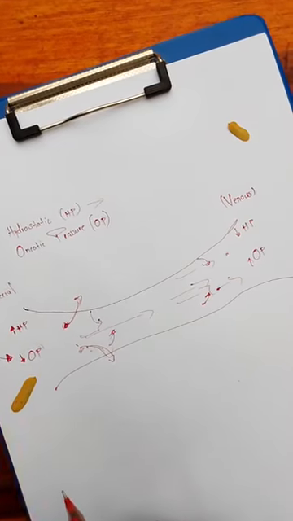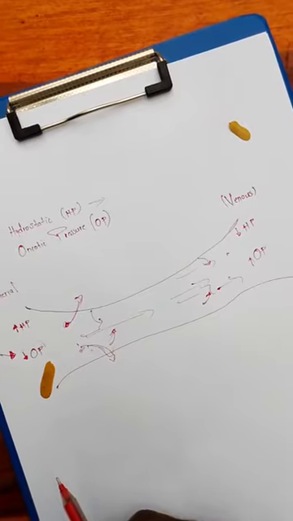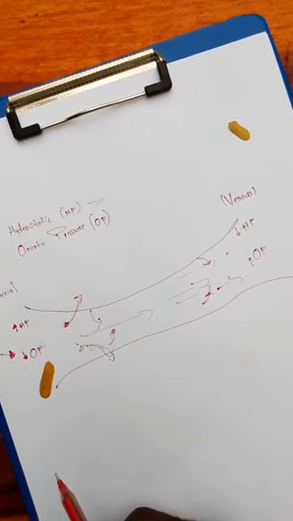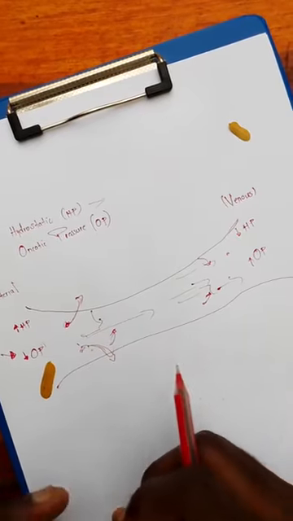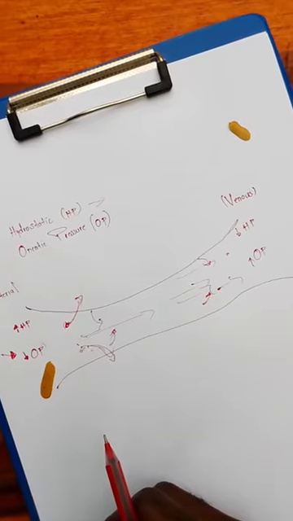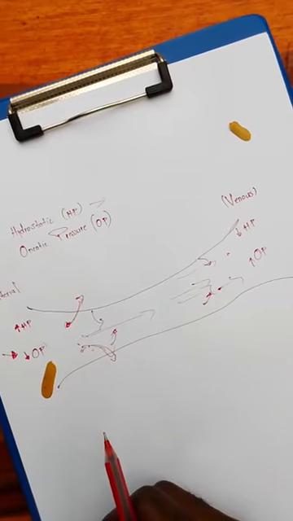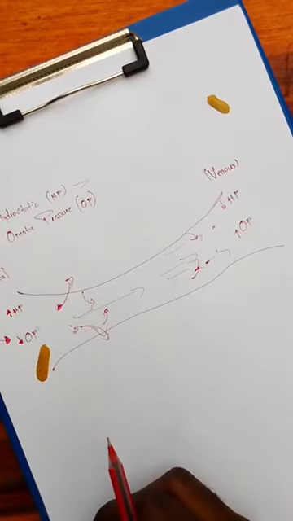So scientists had to sit down to say, how are we going to measure these compartments to know how much volume of fluid we are having in a particular compartment? So they came up with methods, of which one is known as the indicator dilution method.